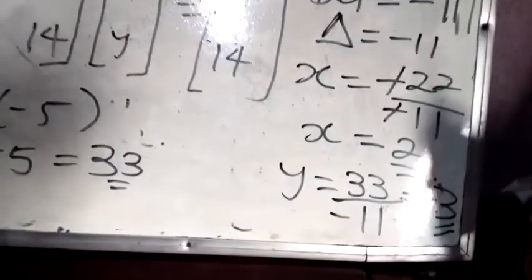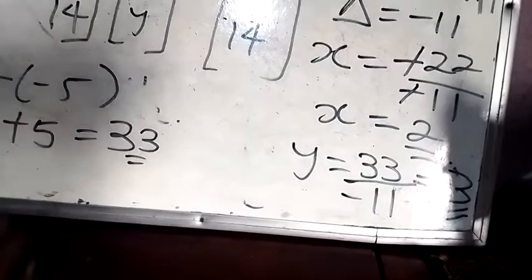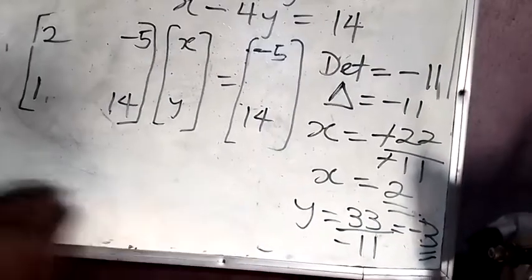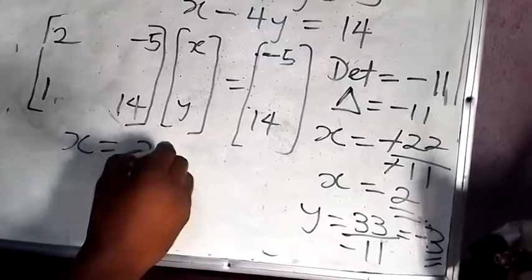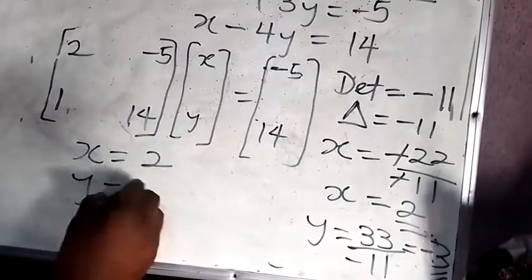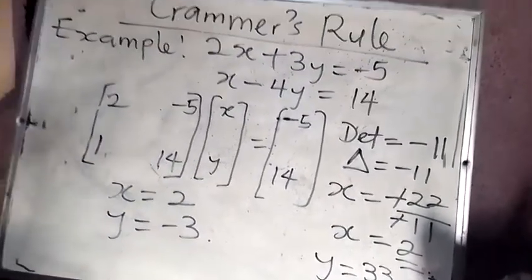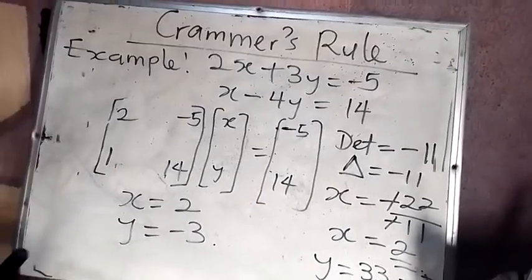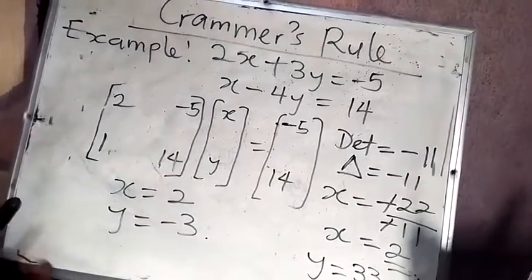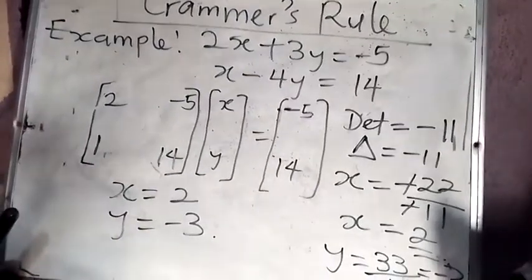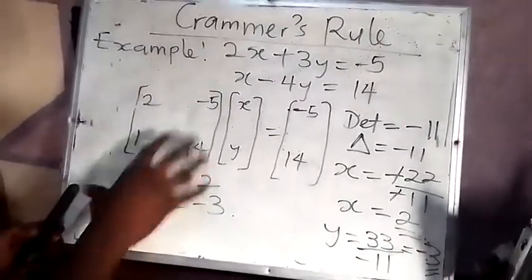So that means x is 2, while y is minus 3. So that is Cramer's rule for 2 by 2. Anytime they give you simultaneous equations and want you to use a matrix method, which is called Cramer's rule, that's how to do it.